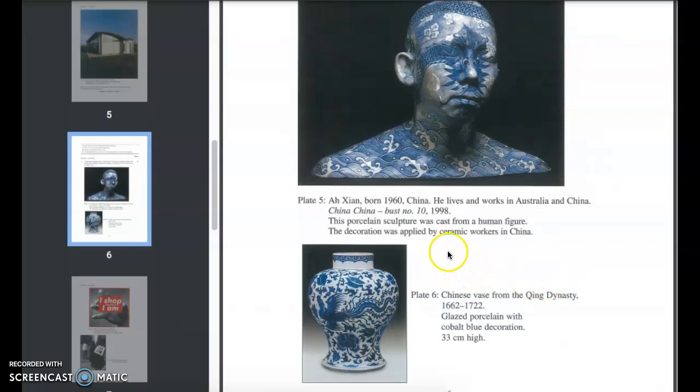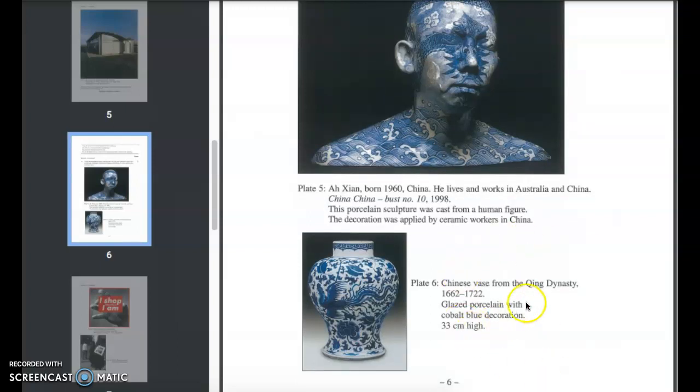It was applied by ceramic workers in China. Is that traditional or contemporary? That's up for you. And even the title, China China, Bust Number 10, the fact that this implies that there's more than one and that it's not a kind of priceless antique is also going against the traditional conventions of this sort of piece. So you can get all that information just from reading these words here.